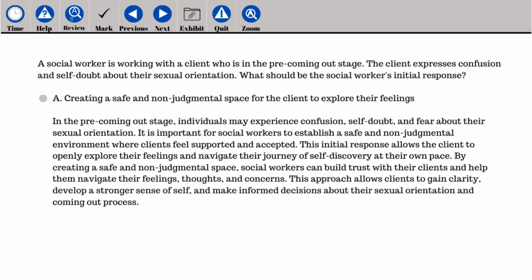This initial response allows the client to openly explore their feelings and navigate their journey of self-discovery at their own pace. By creating a safe and non-judgmental space, social workers can build trust with their clients and help them navigate their feelings, thoughts, and concerns. This approach allows clients to gain clarity, develop a stronger sense of self, and make informed decisions about their sexual orientation and coming out process.